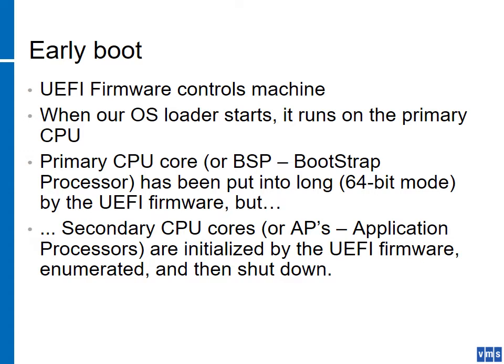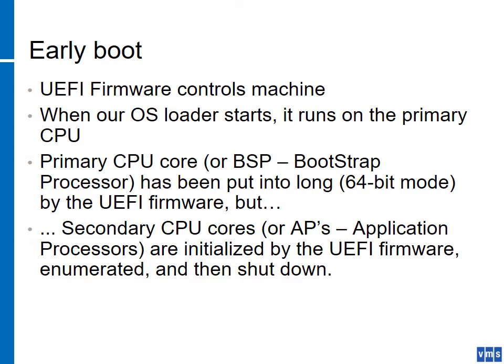And in UEFI firmware speak, the primary CPU is called the BSP, or the bootstrap processor. UEFI has gone through all of the steps to put that processor into 64-bit long mode. So it's enabled paging, it's enabled protection, it's enabled 64-bit. We're good to go. This processor can start running a 64-bit operating system right away.